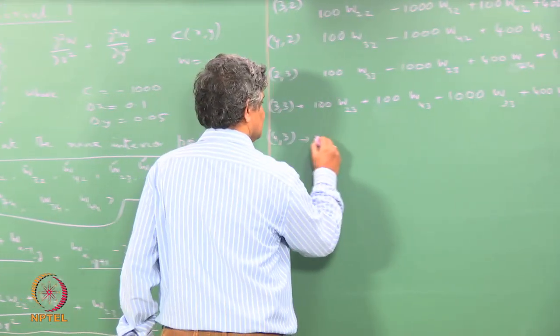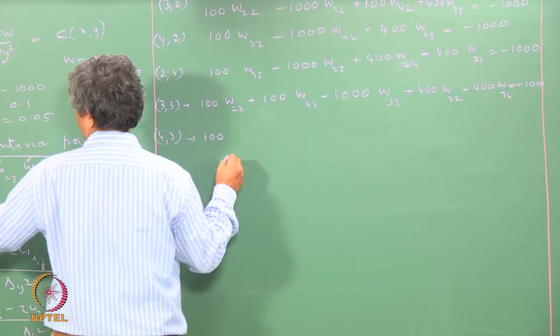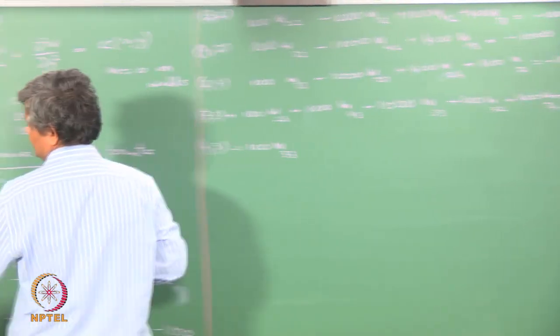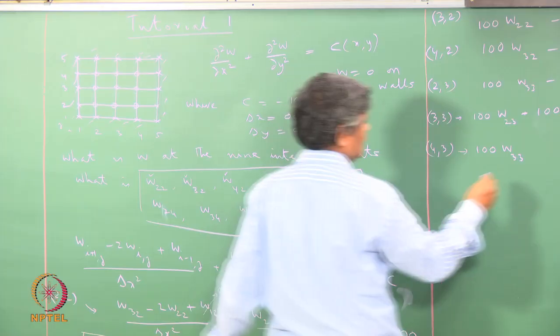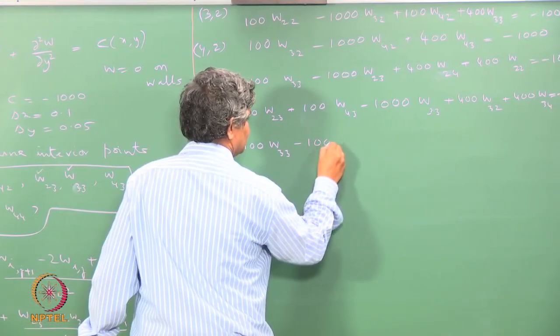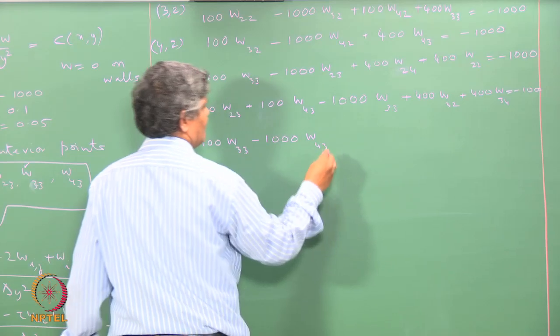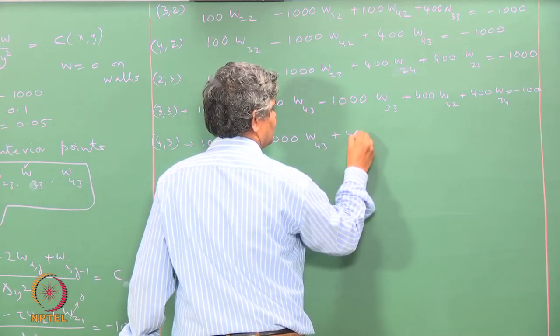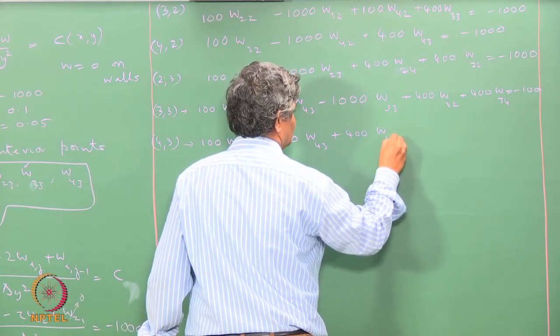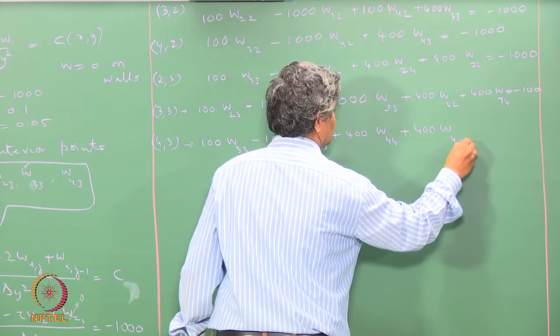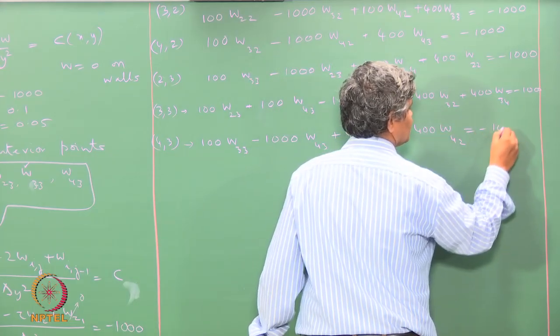So that is 100 of W33 minus 1000 of W43 plus 400 of W44 plus 400 of W42 equal to minus 1000.